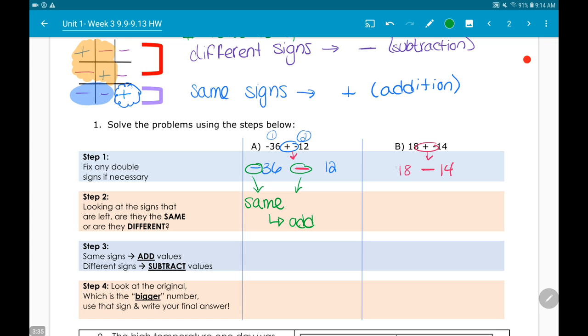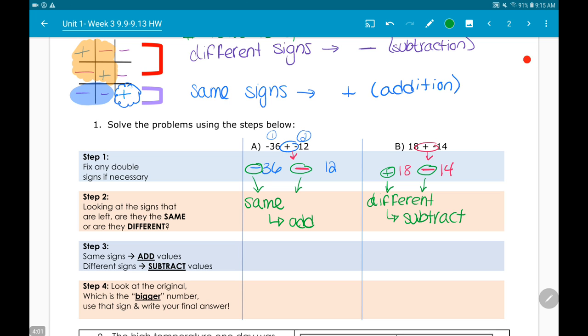All right, let's look at B. I look at my signs again. 18 doesn't have a sign, and when it doesn't have one, we always say it is positive. So now I look at these. Are they the same or are they different? They are different, and different means we need to subtract.